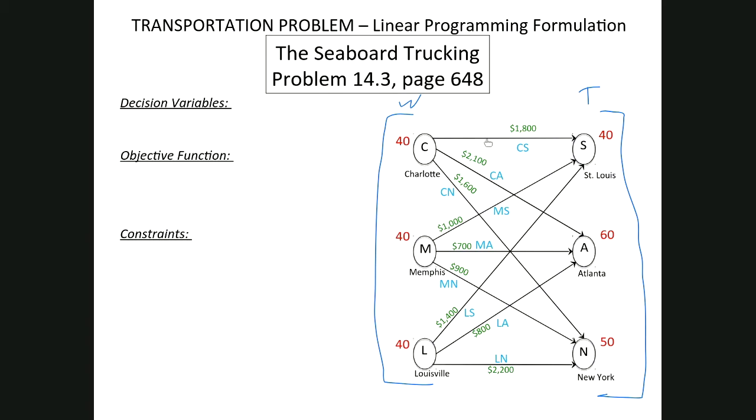And as you'll see, hopefully you can count, we have 9 different decision variables because there's 9 arrows. 3 routes for each one of our warehouse locations.